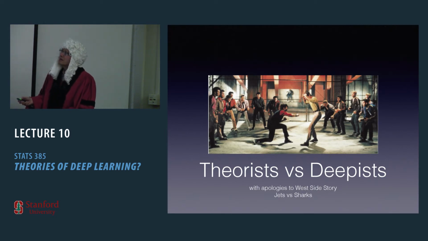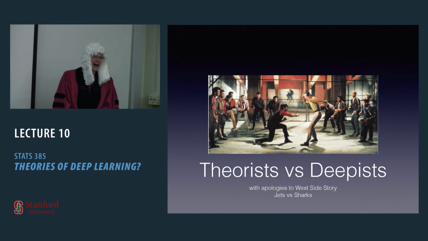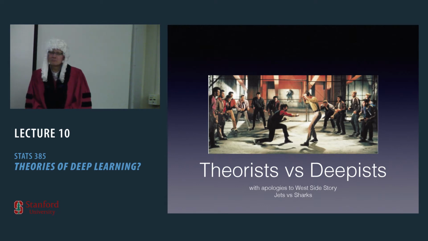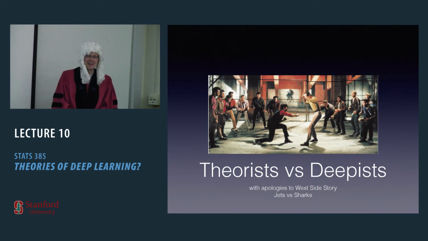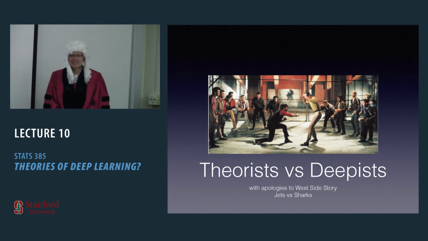And so in West Side Story, there's the Jets and the Sharks, and the passionate Sharks, I think, here might be a good model for the theorist, as we're about to see, and then maybe the somewhat more smooth and composed Jets are something like the corporate deep learning empiricists.